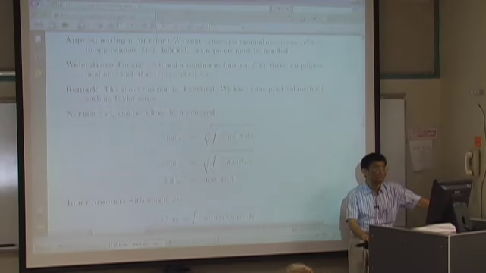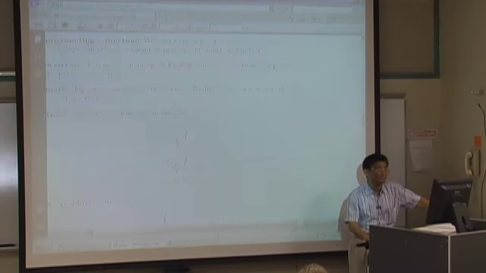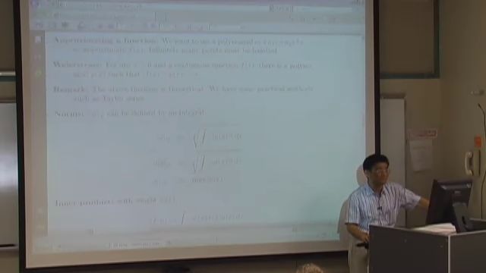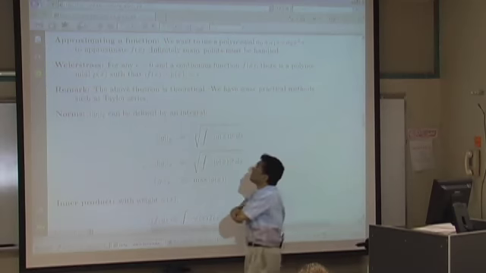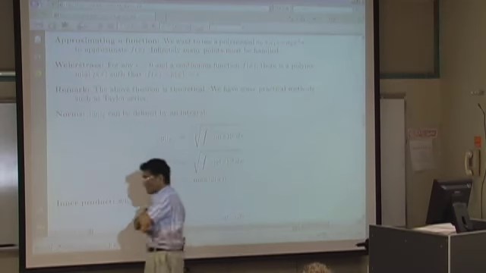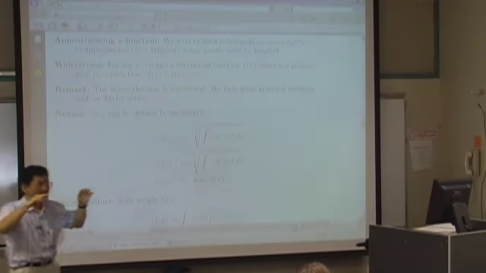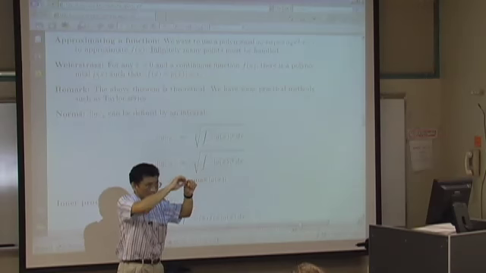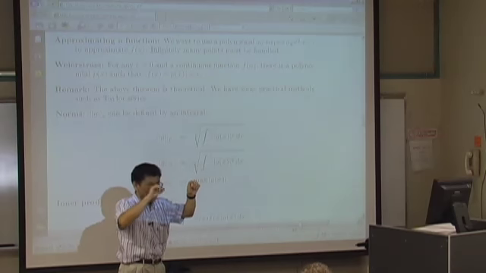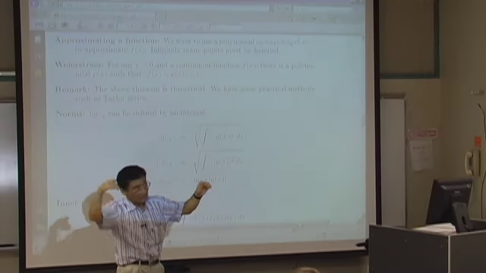Generally, we want to approximate not just a set of points. A set of points has a finite number of points, right? Instead of handling a finite number of points, we want to handle infinitely many points, or generally a function.